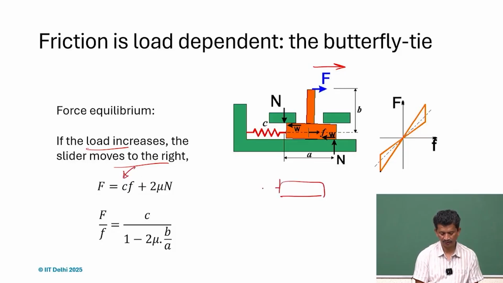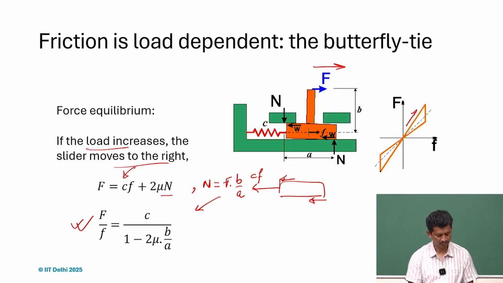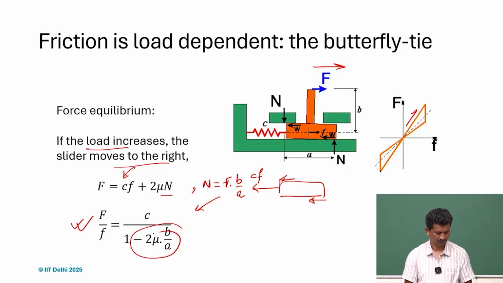On the body we have this spring force acting, and then of course the friction, 2 mu N, and N is F times B by A. If we substitute, we realize that capital F times the slope of the stiffness has an added parameter, 1 minus 2 mu B by A. Mu is the coefficient of friction, and B by A is also there.